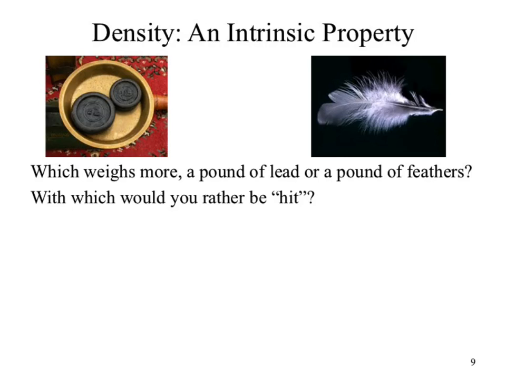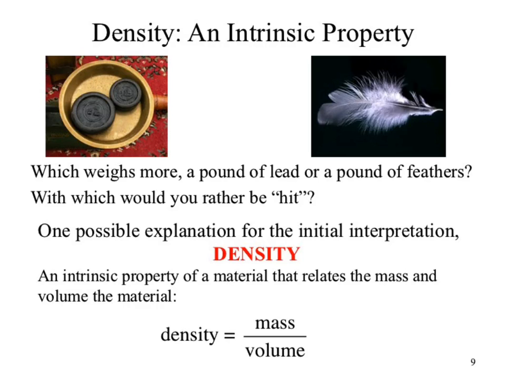So the weight's the same. Why are we saying the lead almost universally instead of saying they're the same? Okay. We're thinking more towards the density of the material potentially. It's actually a big psychological experiment, but part of it goes back to the density of those materials. One possible explanation for why kids don't understand this is they don't understand the difference between weight and density, because they are related to each other.